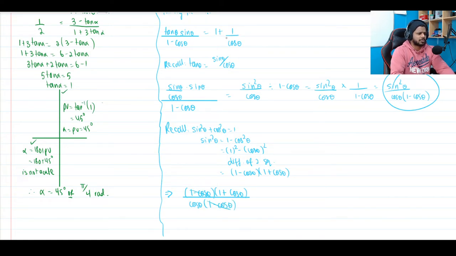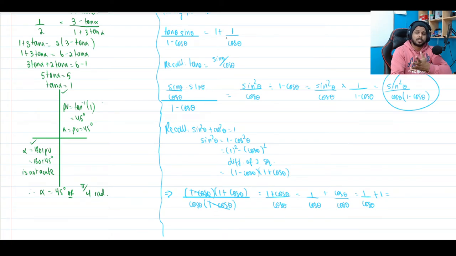You cancel, leaving 1 plus cosine theta over cosine theta. I have a single denominator and multiple numerators, so I can split up the fraction as each numerator over that common denominator. So this is 1 over cosine theta plus cosine theta over cosine theta, which is 1 over cosine theta plus 1.